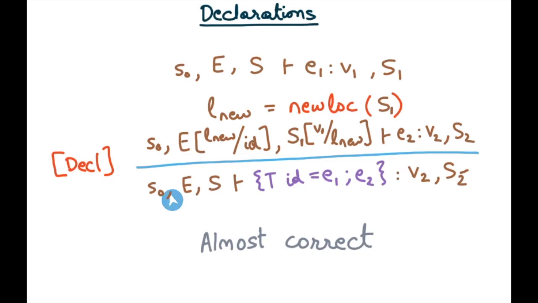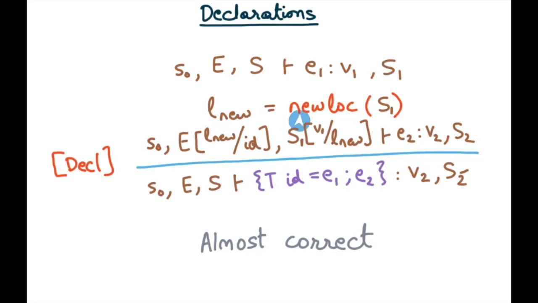Now we are ready to discuss our updated rule for a declaration. For a given context S0, the current object, environment E, and store S, this expression, which includes a declaration, evaluates to v2, s2 if under the original context you first evaluate E1 to get v1, s1.